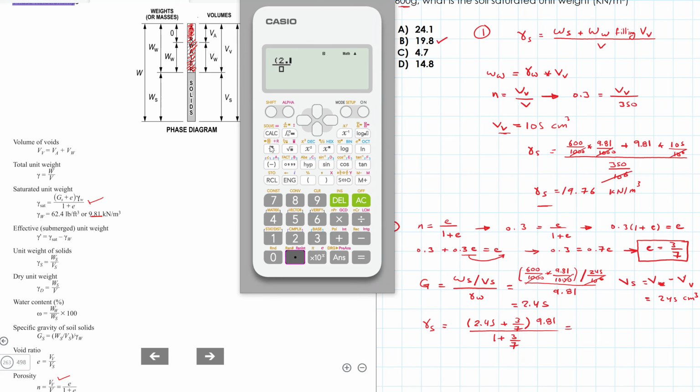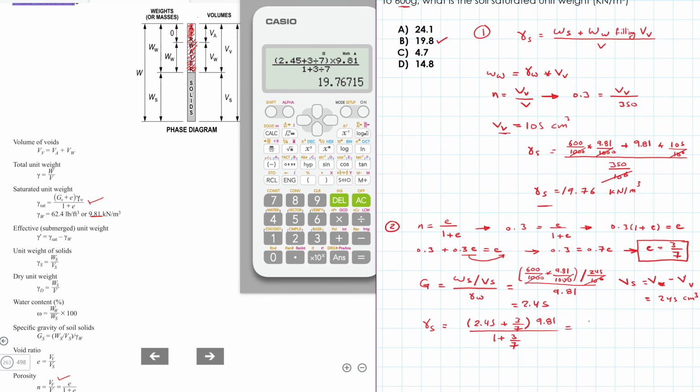So we have 2.45 plus 3 divided by 7 multiplied by 9.81 divided by 1 plus 3 divided by 7, and that would be the same answer, which is 19.76 kilonewton per meter cube.